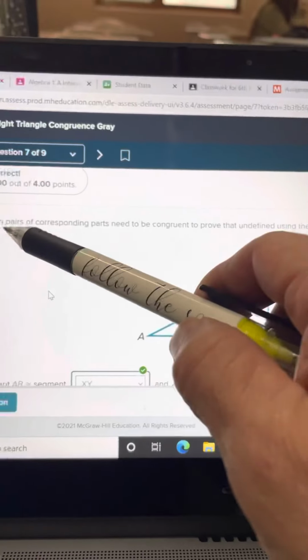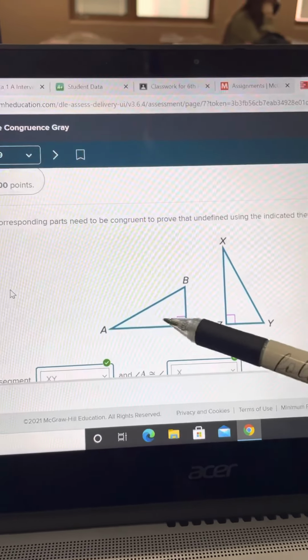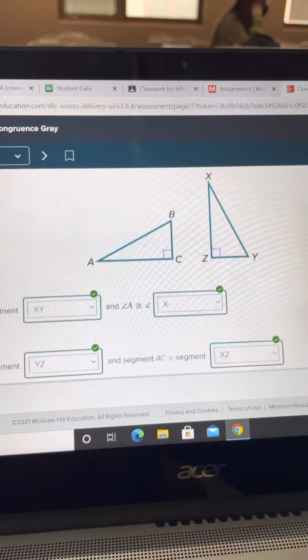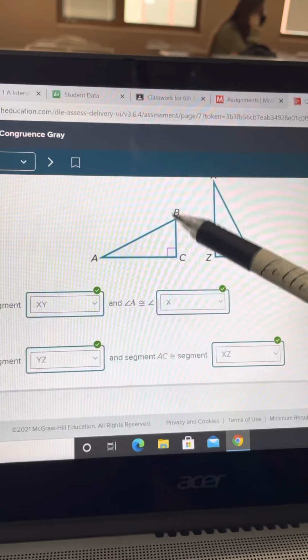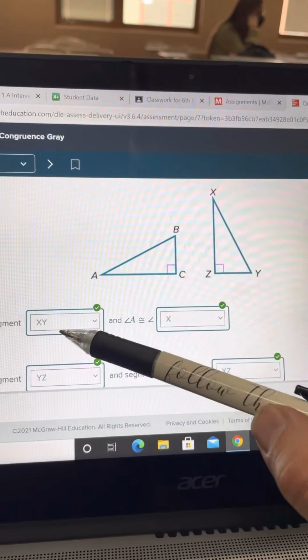Okay, so which pairs of the congruent corresponding parts need to be congruent to prove that these are congruent triangles? Well, AB has got to go with XY here.